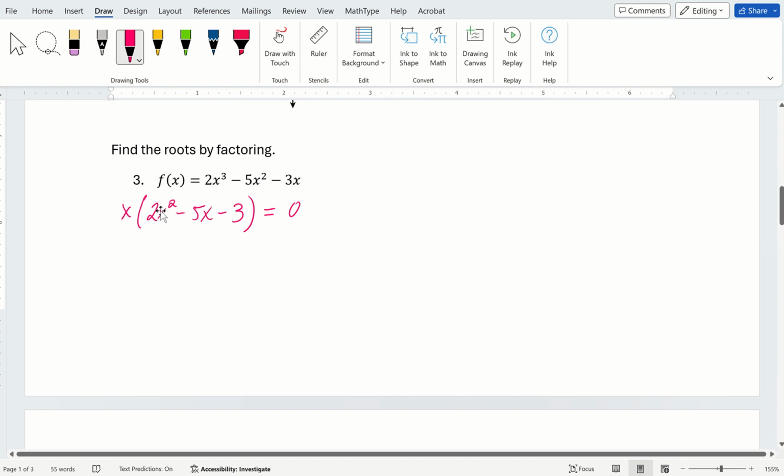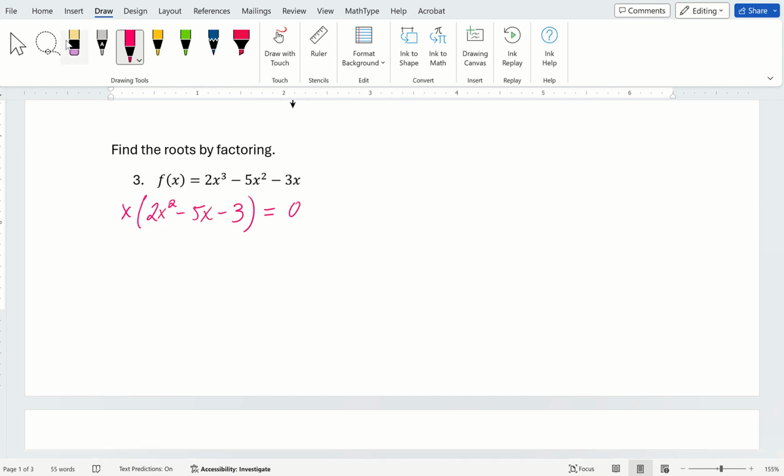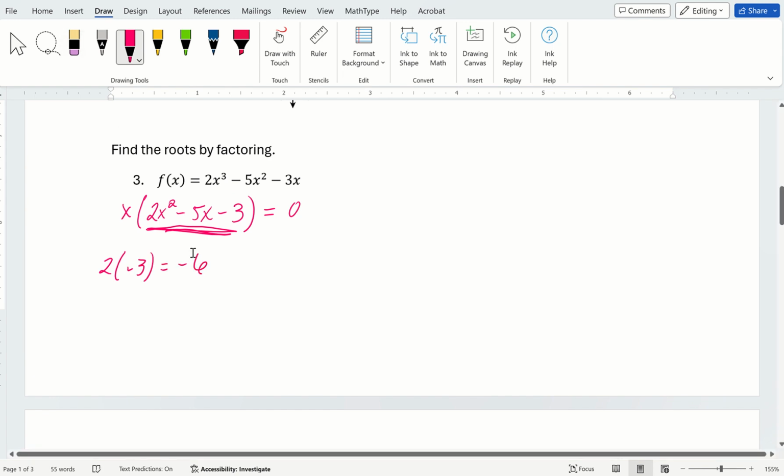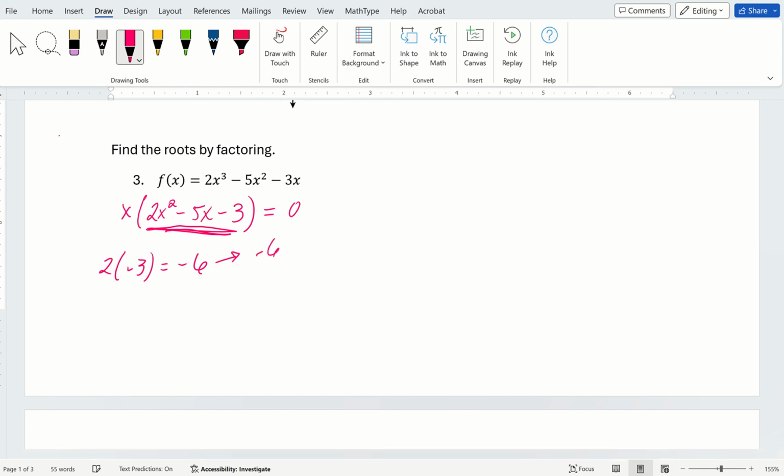So I can use the AC method to factor this further. So again, we're just factoring what's inside the parentheses. So 2 times negative 3 is negative 6. And I've got to ask myself what multiplies to negative 6 and adds to negative 5. And that would be negative 6 and 1.